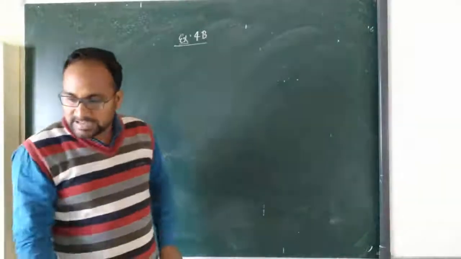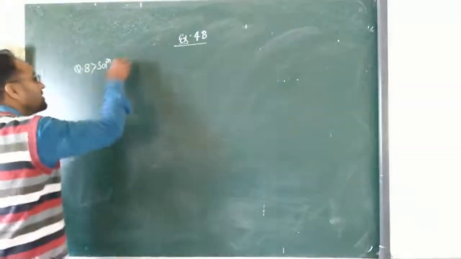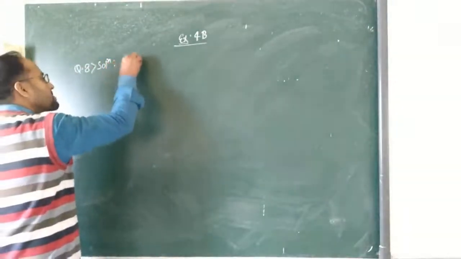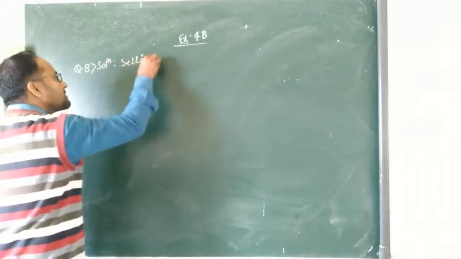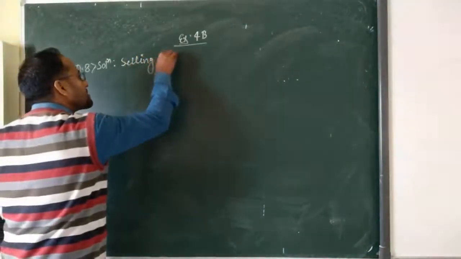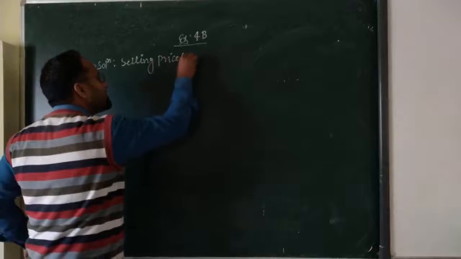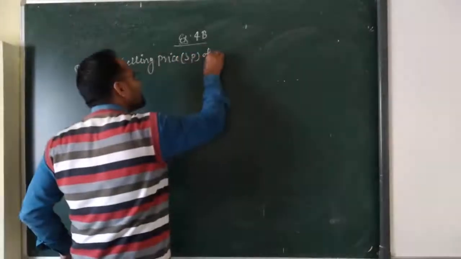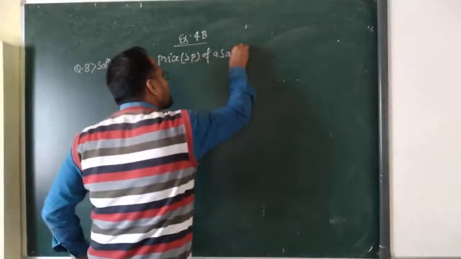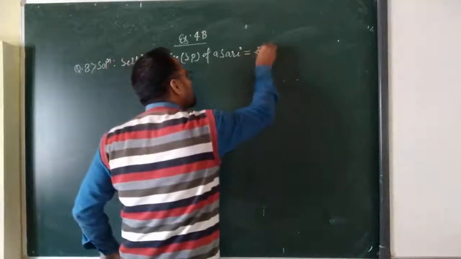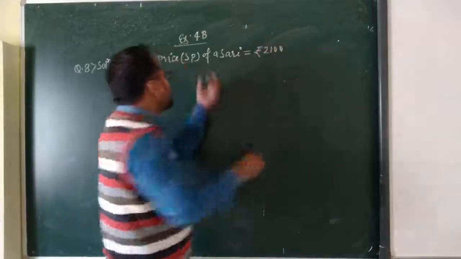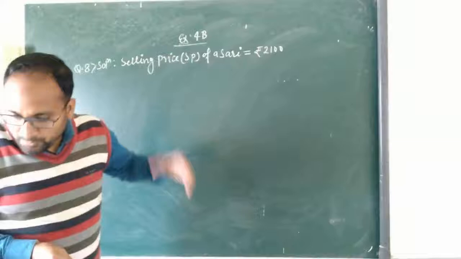In that, the selling price of a sari is given, that is SP of a sari is rupees 2,100. SP is given and profit percent is also given.